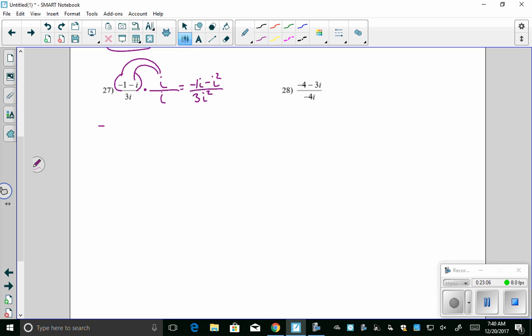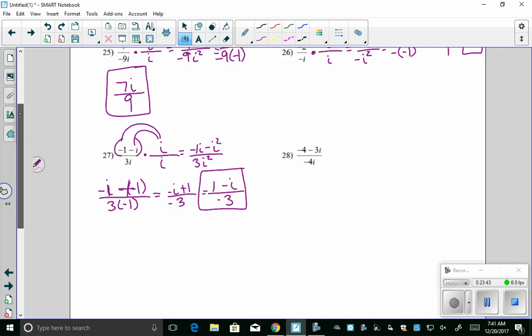You're going to have negative i minus negative 1 all over 3 times negative 1. This becomes a positive, so you get negative i plus 1 over negative 3. Remember, when you're writing complex numbers, the real number has to come first. So it really is 1 minus i divided by negative 3. That is your final answer.